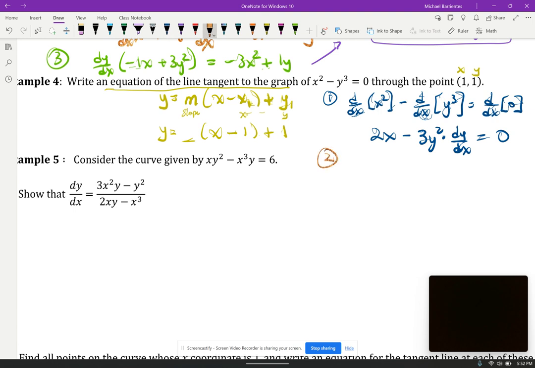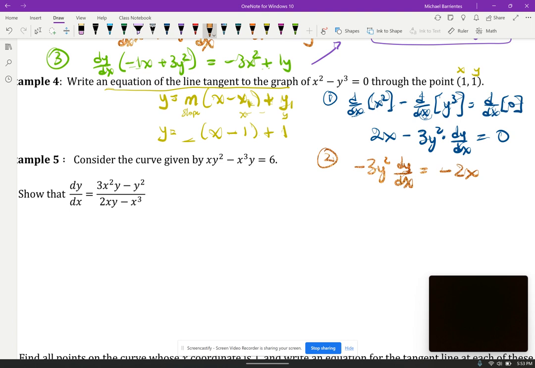Step 2 says leave everything that has a dy dx on one side and then move everything else to the right. Well, this term has dy dx in it. And I'm going to move the 2x to the other side, so I'm going to have to subtract it over. Oh, didn't mean to do that. I think my computer's lagging a little bit.